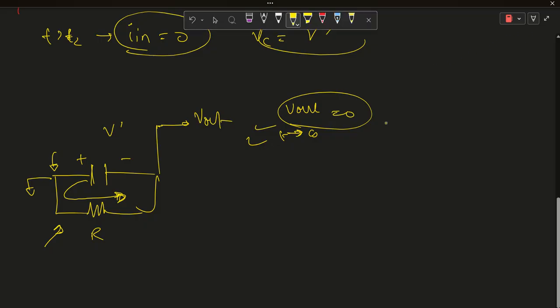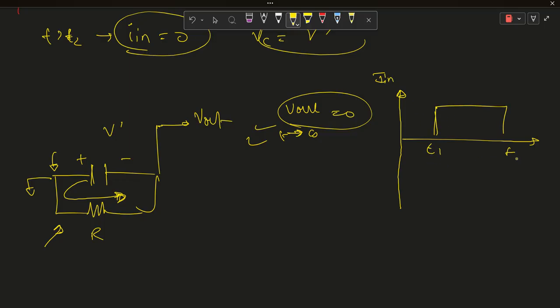If we plot this on the graph, first I am plotting I in. This is our I in. I in is from T1 to T2, and this is T1, this is T2. This is V C, the capacitor voltage, and the capacitor voltage is like this.